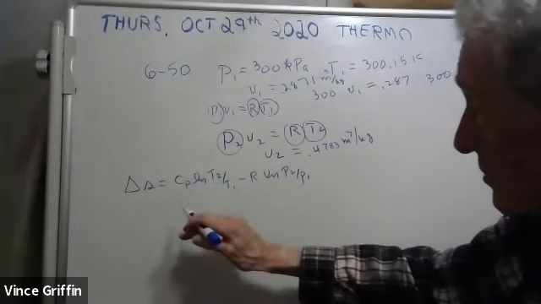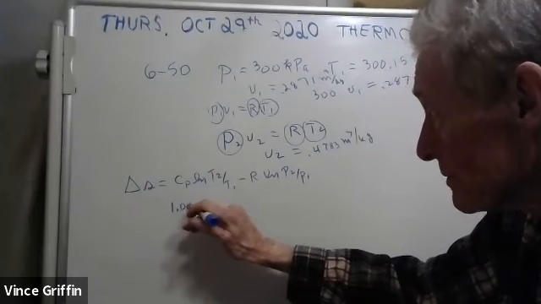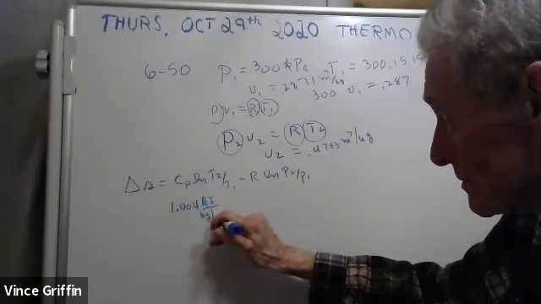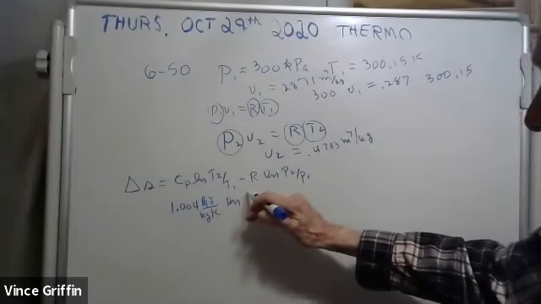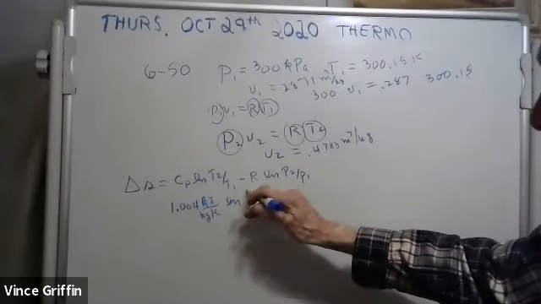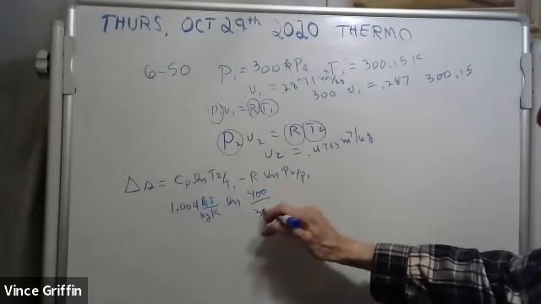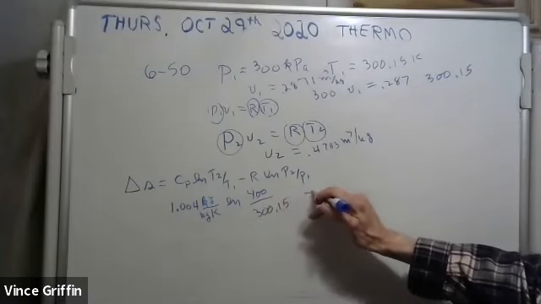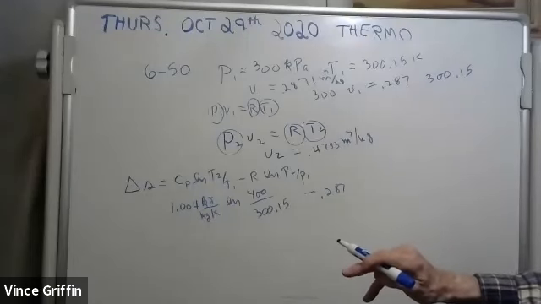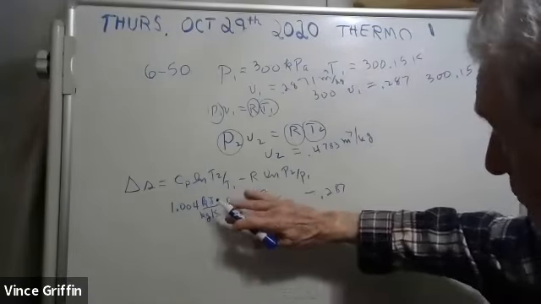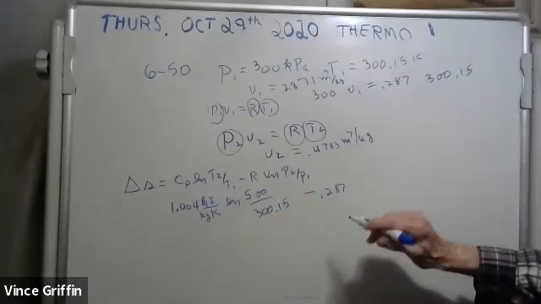So this is 1004. We'll put in our units like we're supposed to. And this is 400, I think, divided by 300.15. That's 500 for T2. Oh, it's 500. Thank you. Point goes right there. You're absolutely right. And I was absolutely wrong.